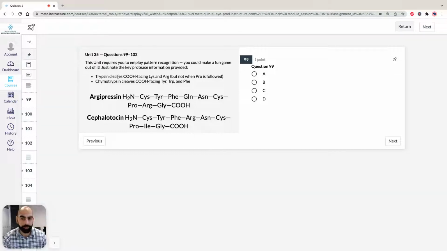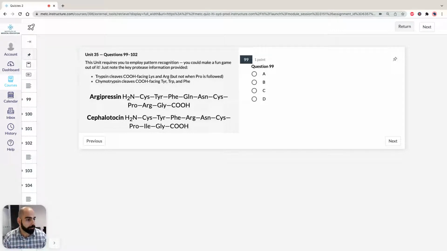We're told that trypsin cleaves the carboxylic acid facing bond of lysine and arginine amino acids, but not when proline follows. We'll get to why that's important. Chymotrypsin just cleaves the carboxylic acid facing bond of tyrosine, tryptophan, and phenylalanine. That's all you really need to know. I honestly just summarized that whole page and a bit of the information into a couple of lines.